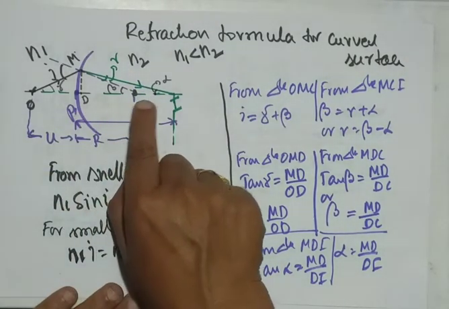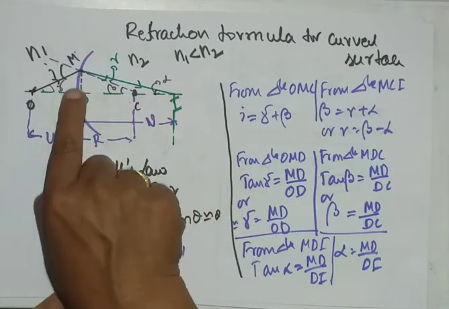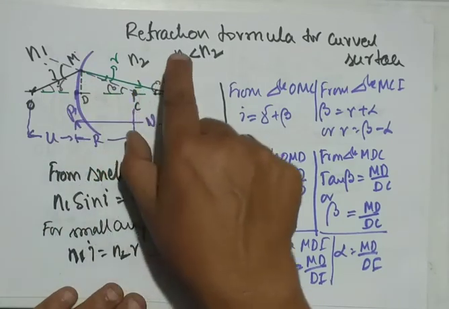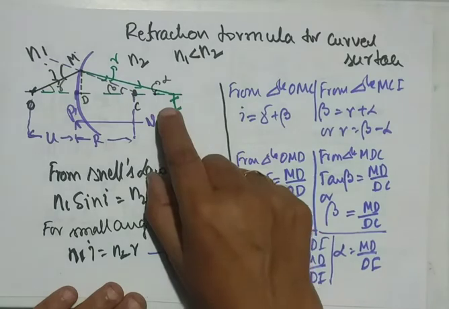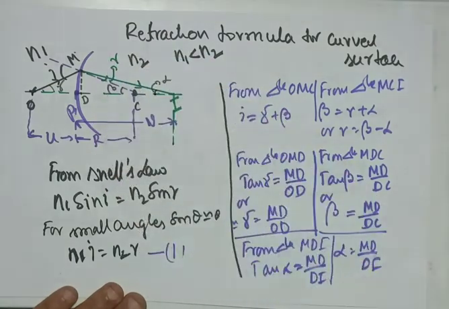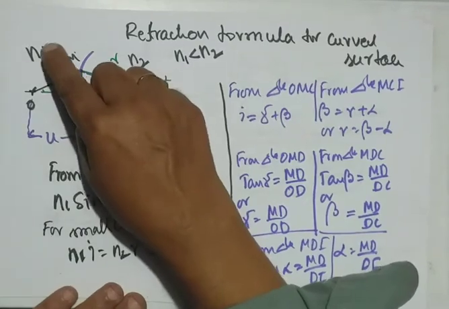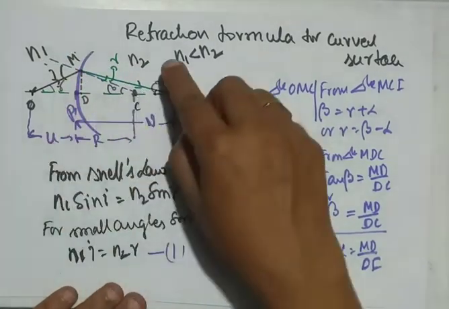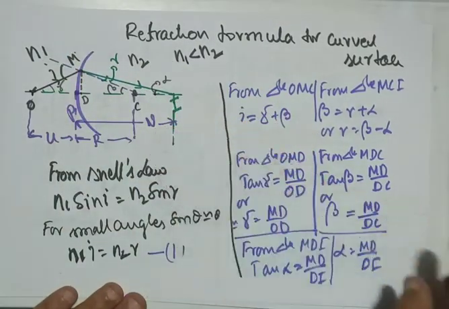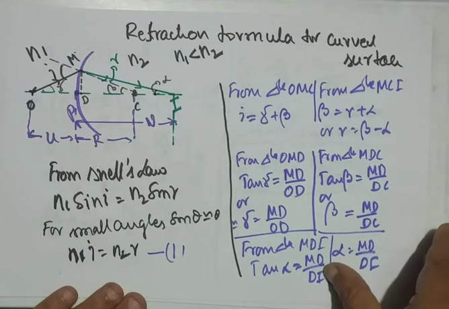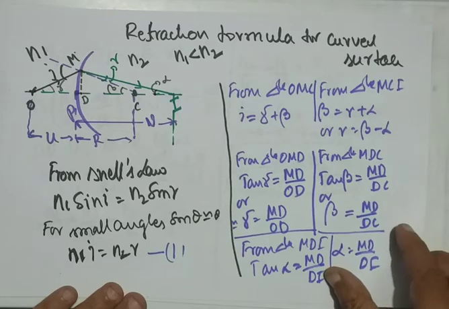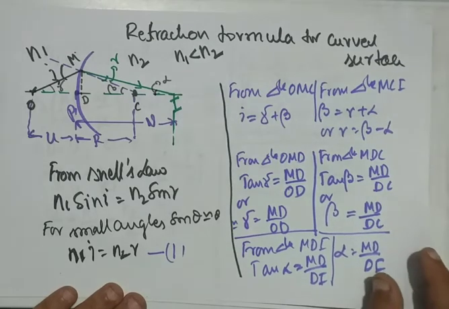After refraction, the refracted ray MI is traveling in the second medium of refractive index n2. This medium is called the image space. So n1 is the object space refractive index, n2 is the image space refractive index. Therefore, n1 can be called NO, where O stands for object space, and n2 can be called Ni, where I stands for image space.